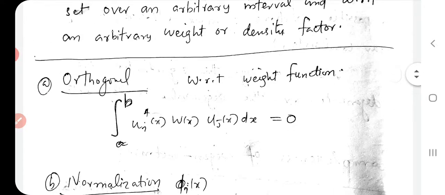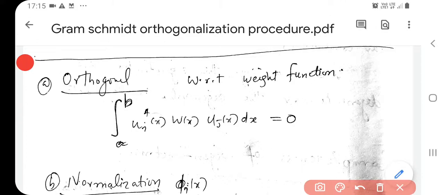So let's first look at what is meant by orthogonality of functions with respect to some weight function. We have seen this in the last class.